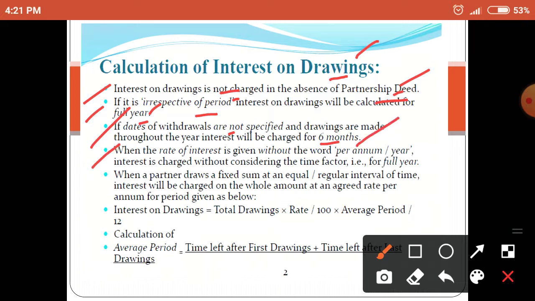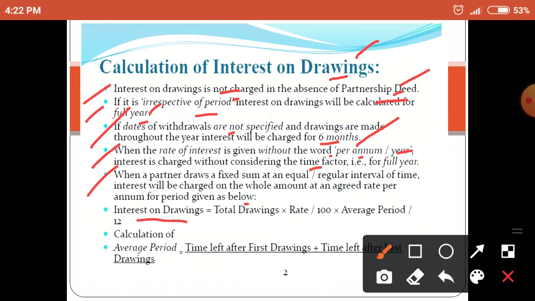Next, when the rate of interest is given without the words per annum or per year, interest is to be charged without considering the time factor, that is, for the full year. Next, when a partner draws a fixed sum at an equal or regular interval of time, interest will be charged at the agreed rate per annum, as given below. What is the formula?